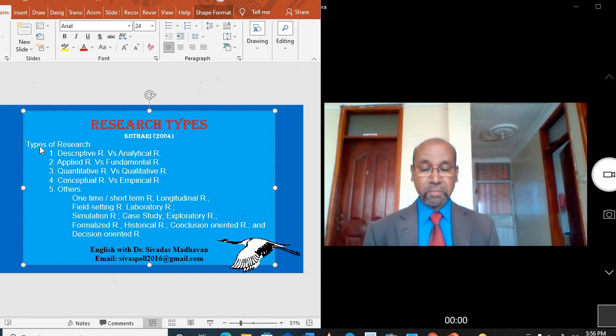And the third type is qualitative research and quantitative research. That is based on the nature of data that you collect to conduct the research. For qualitative research, you collect qualitative data. That means opinions, ideas, views, etc., by conducting interviews, observations, asking questions, etc. So qualitative research is different from quantitative research.